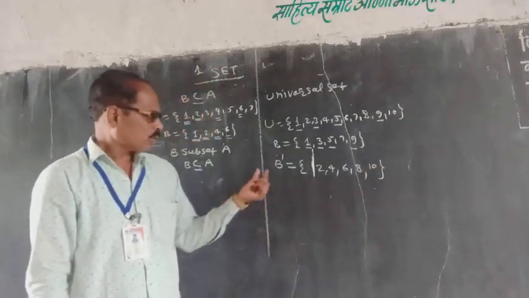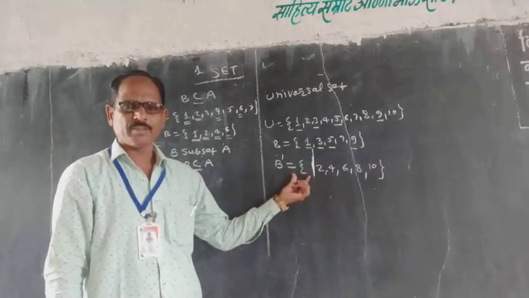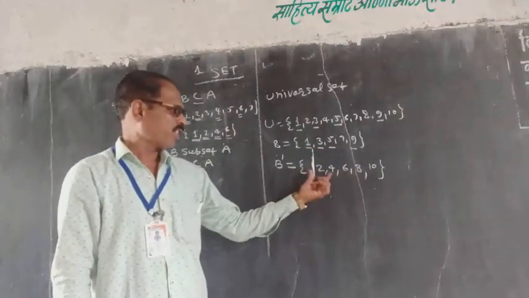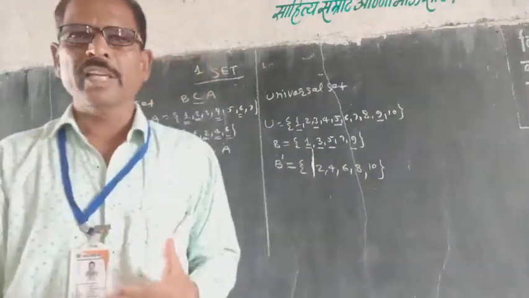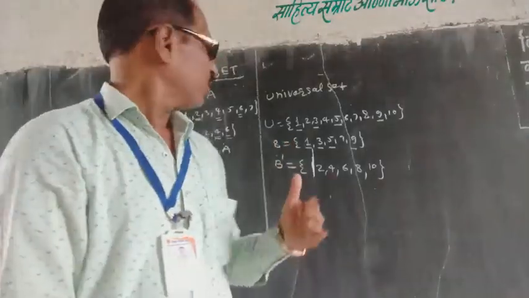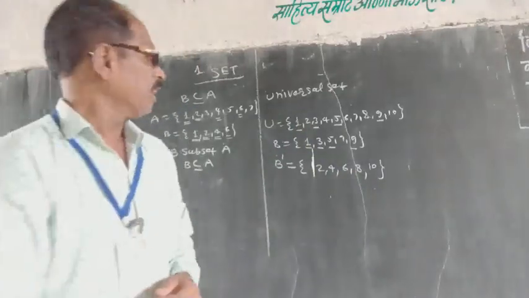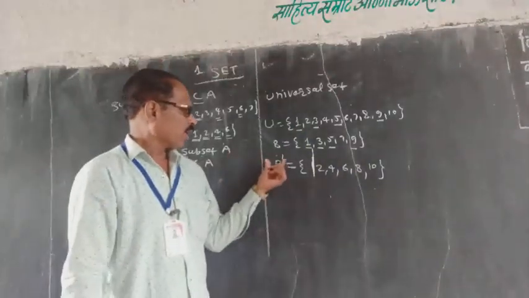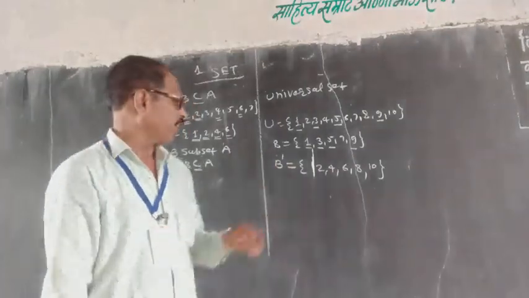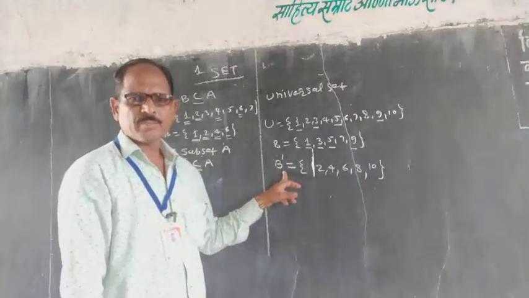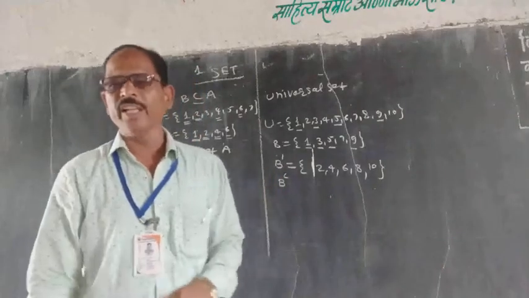So the element which is present in B is not present in B dash, and the element which is in B dash is not present in B. Then B dash is the complement of set B. We can call it the complement of the set B, denoted by B dash or B raised to C.